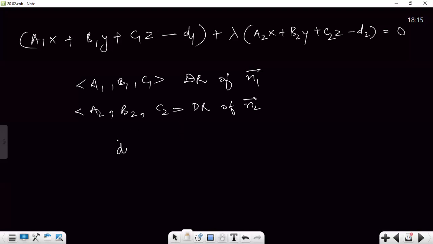And d1, d2, we know, are the normal distances from the origin to the first plane and to the second. Any doubts?